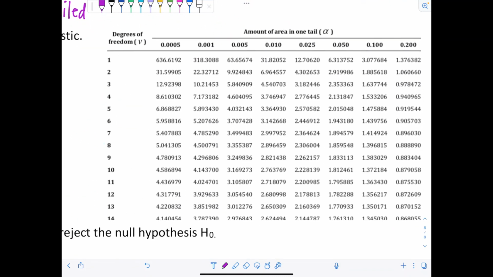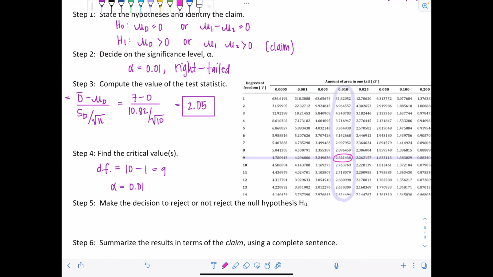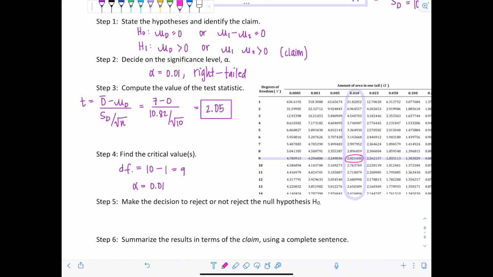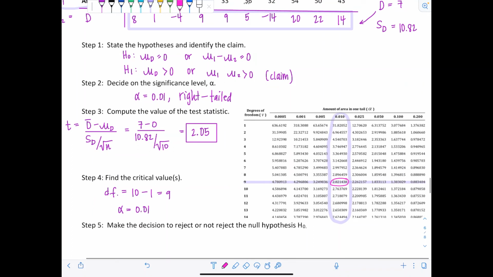So here's your degrees of freedom. We go to 9 degrees of freedom. And then alpha is 0.01, so that's the area in one tail. And where do they intersect? At this value right here. So this is our critical value. I'll just round it to 2 or 3 decimal places, that's fine. Let's just do 2.82.